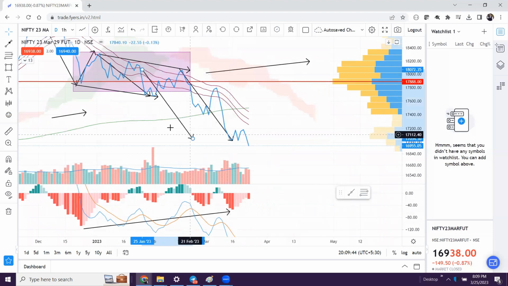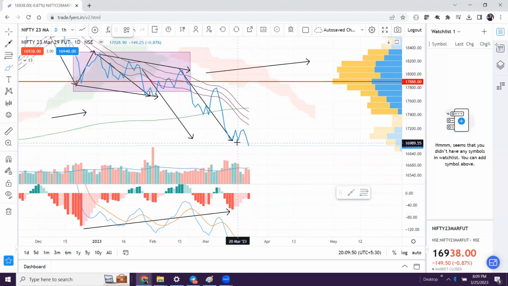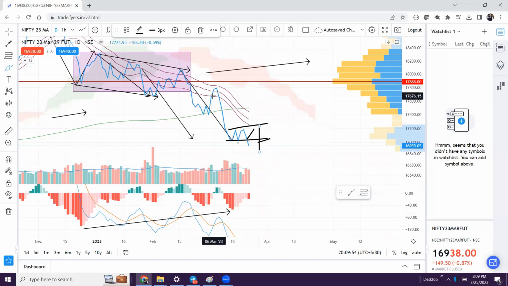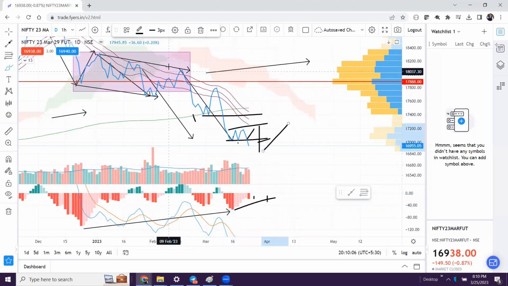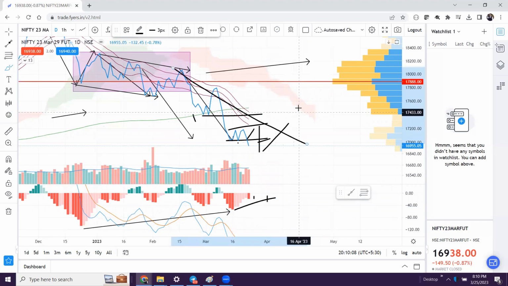So probably the next possible thing is that we can get a corrective structure here and then one more push down for this. Then it can be 1, 2, 3, 4. If this does not breach this level, then this will be 1, 2, 3, 4, and 5, and then a divergence will start to appear, and then we can get some sort of corrective structure or up move.